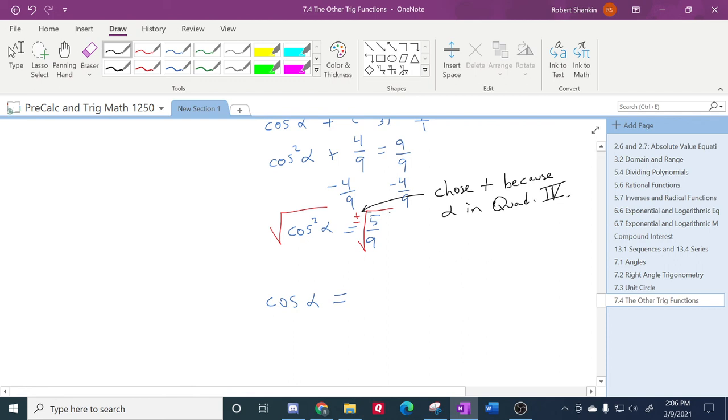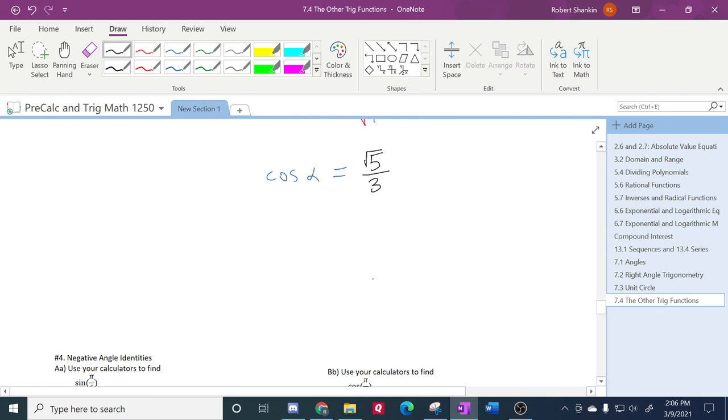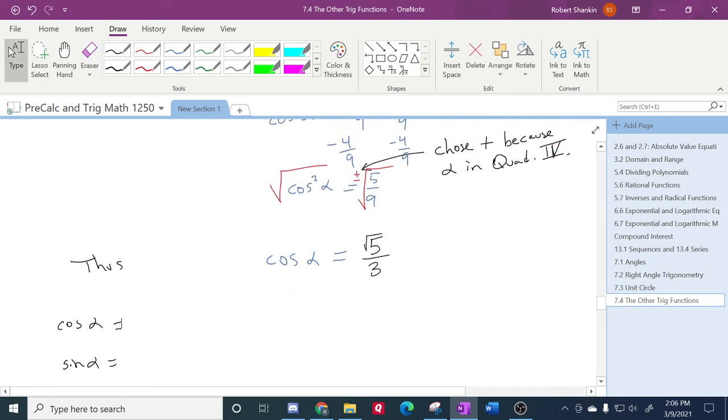You go over to the right, and so then we're going to get, now I'm going to put a separate square root on the top, separate square root on the bottom. The bottom square root of 9 is 3. All right. Thus, cosine alpha, sine alpha. And we do exactly what we did before.